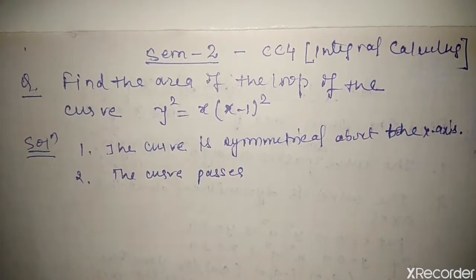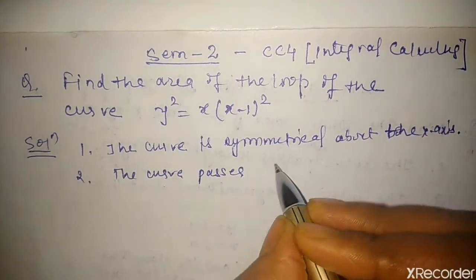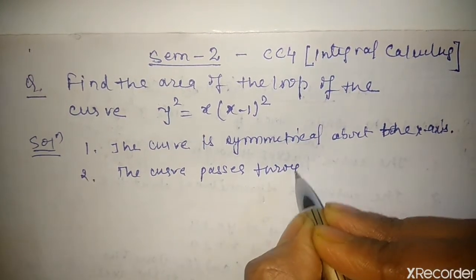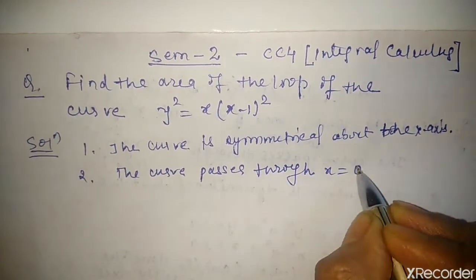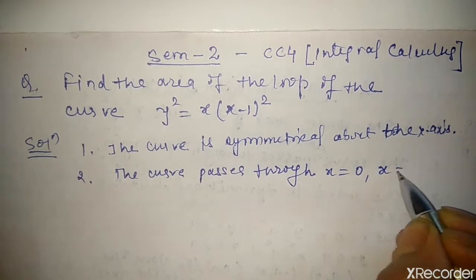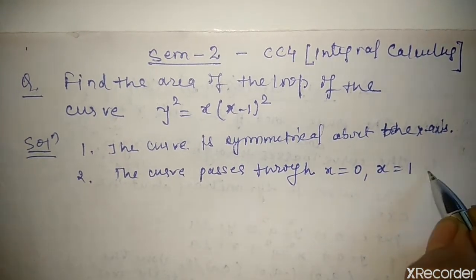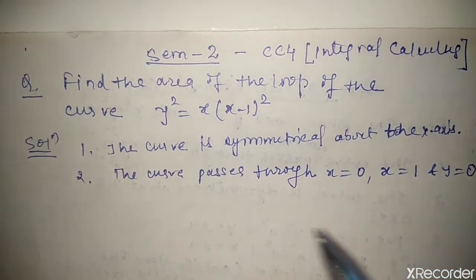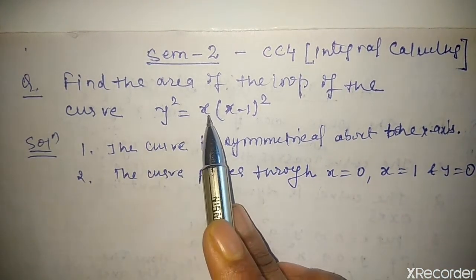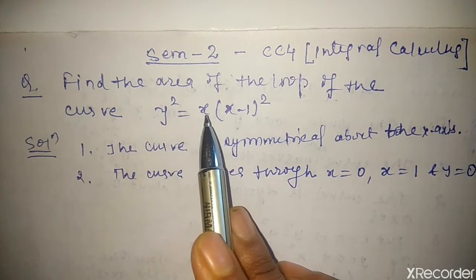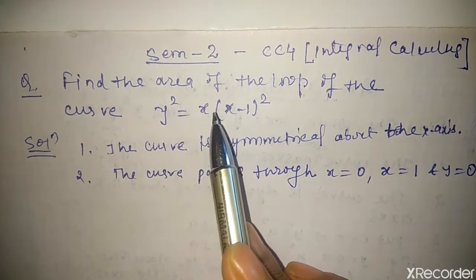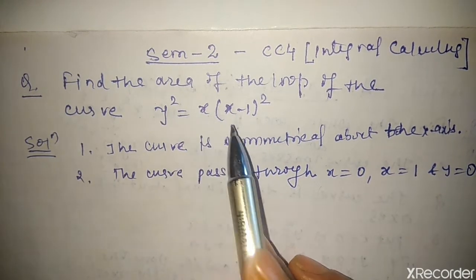The second point: the curve passes through x equals to 0, x equals to 1, and y equals to 0. While putting y equals to 0, we get x equals to 0 and x equals to 1. And while substituting x equals to 0, we have y equals to 0.